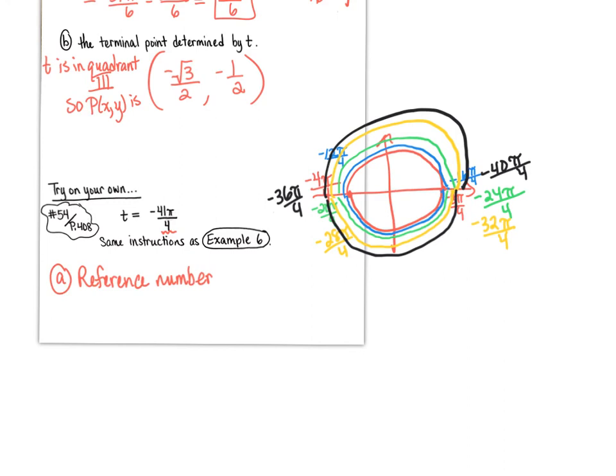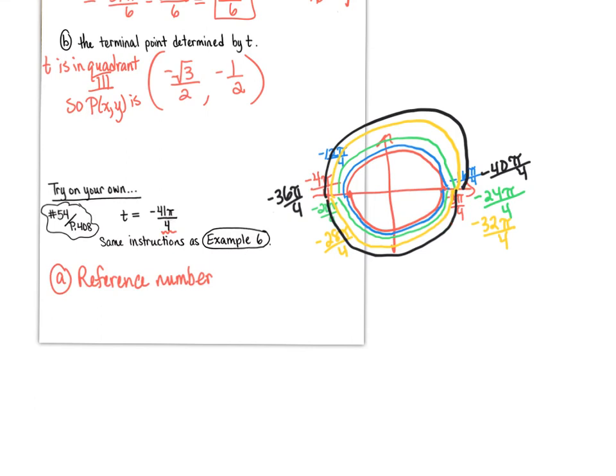Which means if we go back here, around here, what are we going to get? Negative 44 pi over 4, which is what? Too much. Too large, right? So we go back. And we know that negative 41 pi over 4 is going to belong to what quadrant? Which one? 4, good.